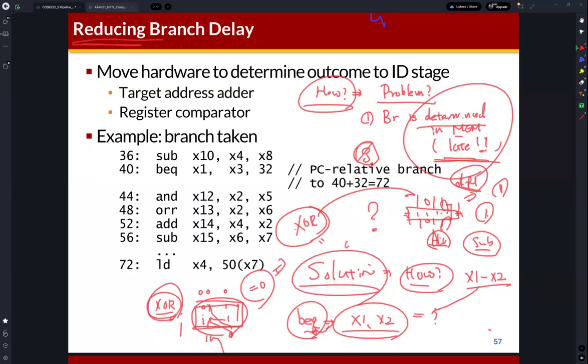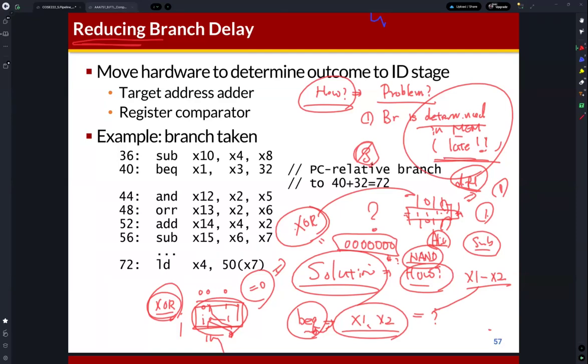So we need to detect all zeros. How? We can use the NAND gate, right? So we don't need to use a subtractor. What is the problem of a subtractor?